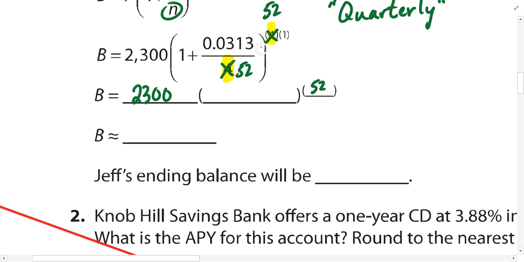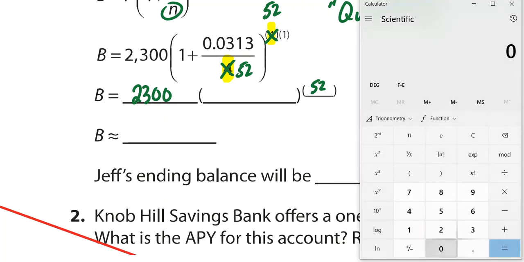So within this grouping symbol, I would do any multiplication and or division first, and I do see that here. So I'm going to go ahead and do that math. 0.0313 divided by 52, and I'll press enter. And I'm not going to touch my calculator at all.